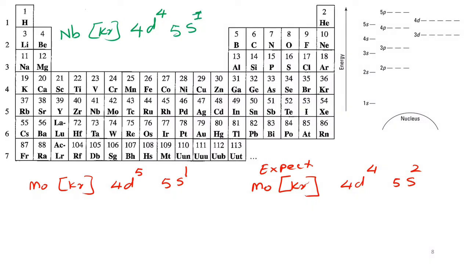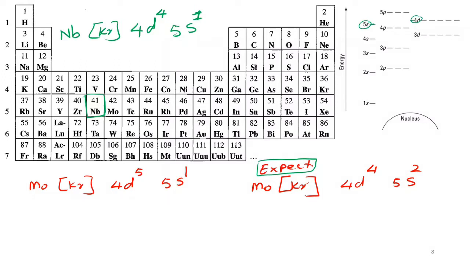So this is what we expected for this element. So based on that, we might expect molybdenum to have a 4d4 5s2 because we have this 5s a little bit lower than the 4d.